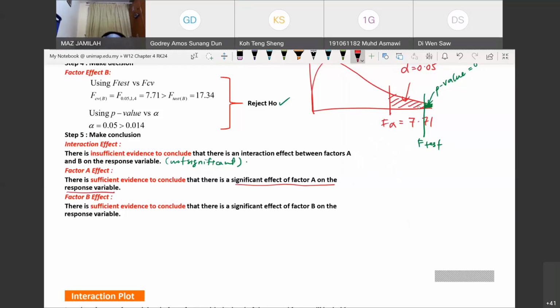If you leave this out, it will be wrong. It will be misleading in terms of meaning. The same goes for the factor B effect. So in this case, there is no significant interaction, but significant factor A and significant factor B. So far, do you have any questions, class?